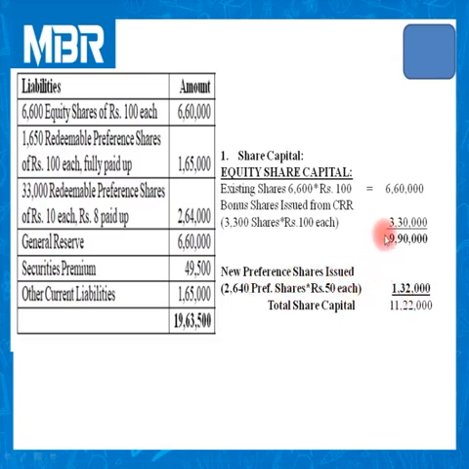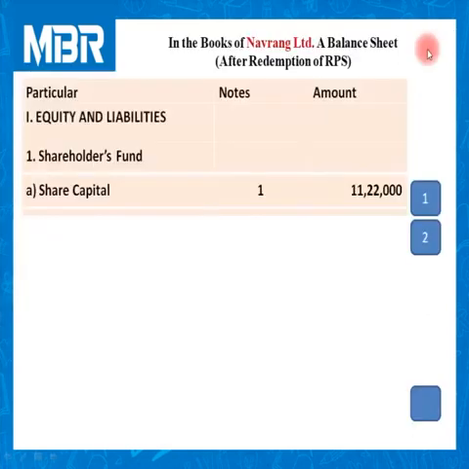So total share capital of the company, 9,90,000 plus 1,32,000, is equal to 11,22,000. This 11,22,000 is inserted in the balance sheet with note number 1 as share capital.